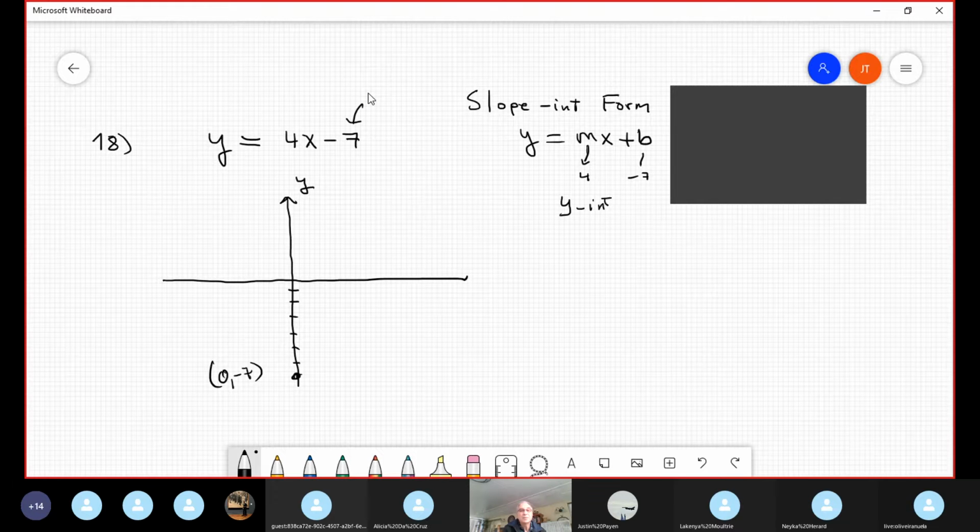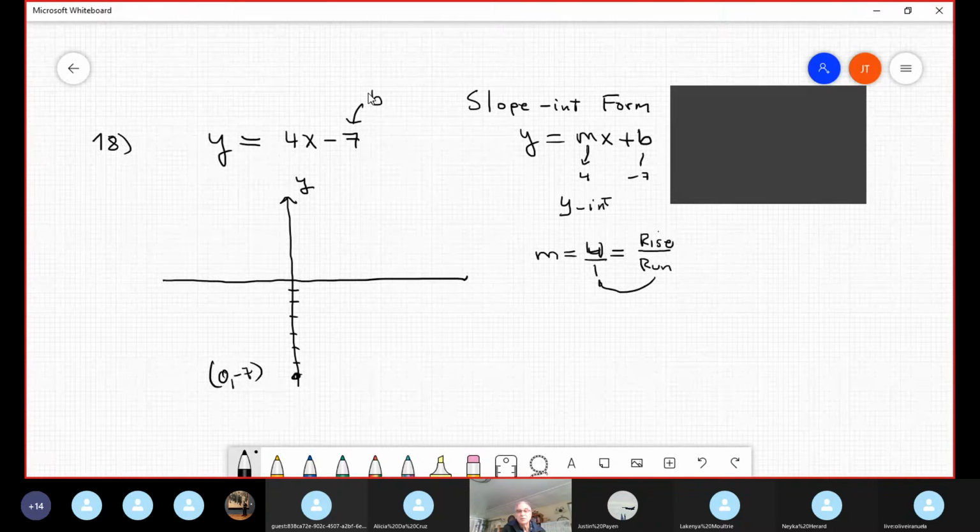Now, from this point, I know the slope is 4. So m is 4, and the interpretation for the slope is the ratio between run and rise. It's the inclination of the line. It's 4 in this case, and 4 is a whole number, but you suppose it's 4 over 1. The run is 1, and rise is 4.